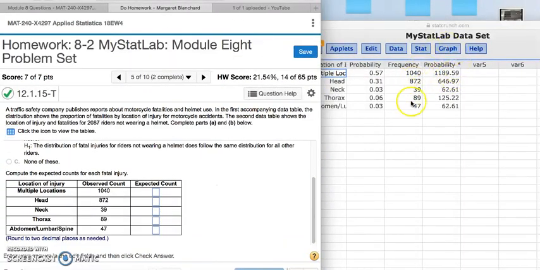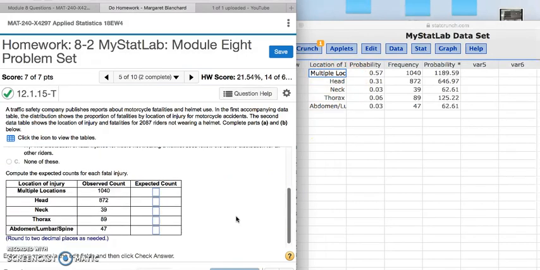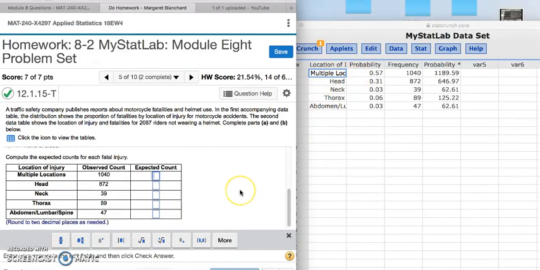Here we just need to get these values in, and they line up. You can see the location of the injuries here. For multiple locations, our expected count is 1,189.59. For the head, it's 646.97. For the neck, it is 62.61.